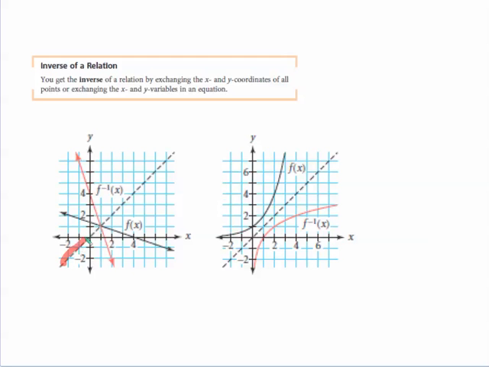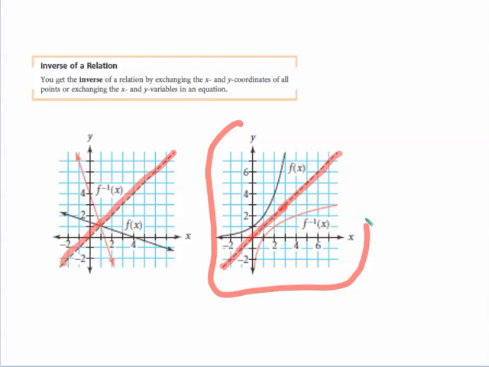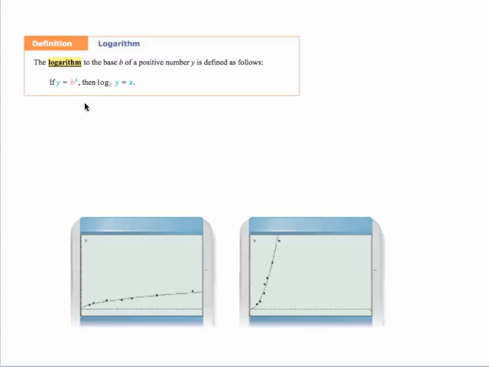And so this line that we see right here is a reflection line for the black and red graphs on both graphs. This graph in particular here is what we are actually going to be talking about in the next slide, which is logs.